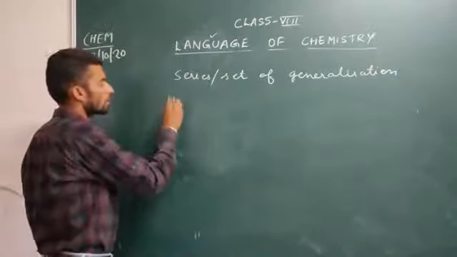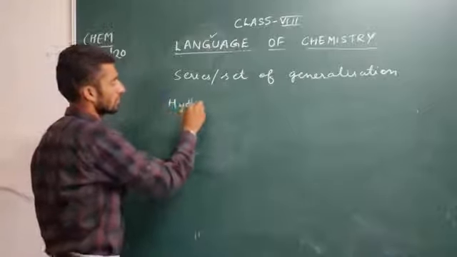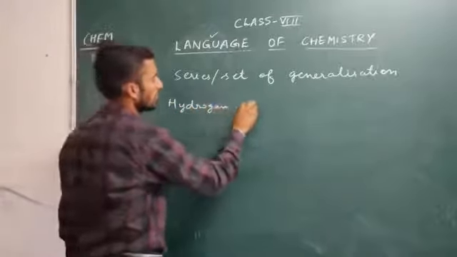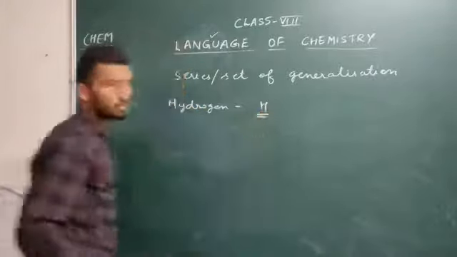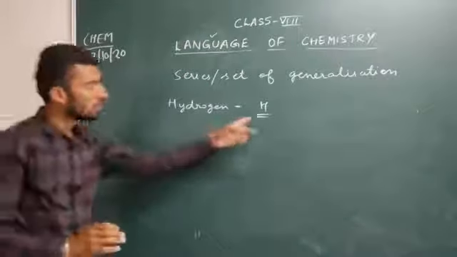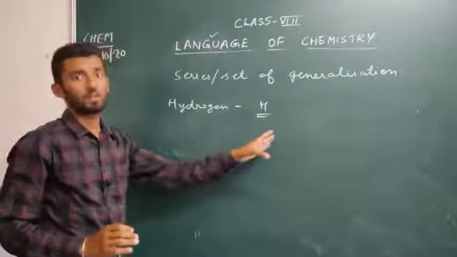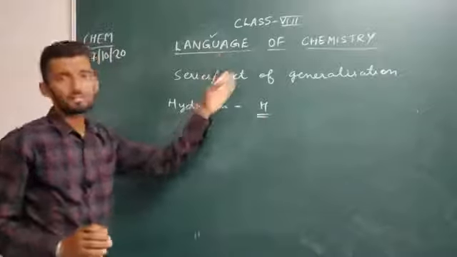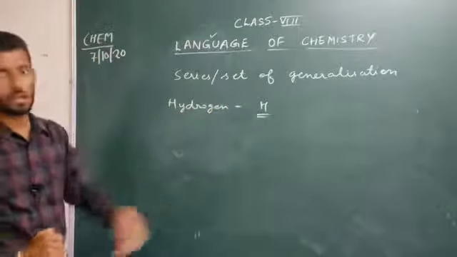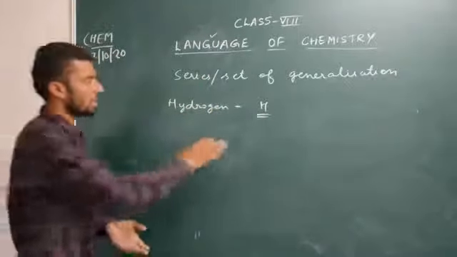Like for hydrogen we have the symbol H. So in chemistry we use this very particular symbol, that is the simplest, or we can say we are coding the language, that is H for hydrogen.